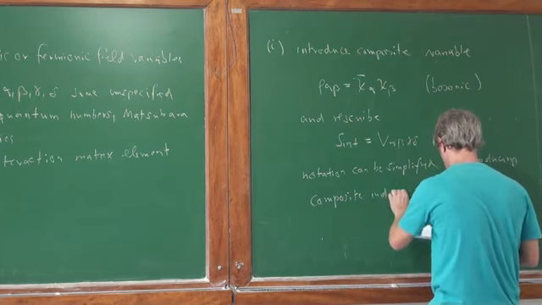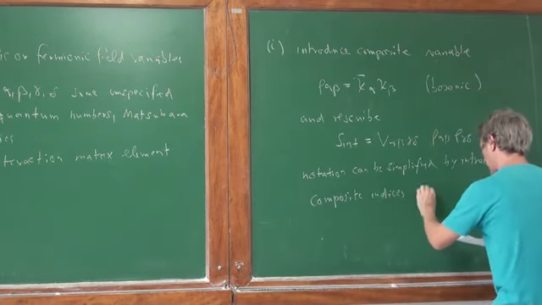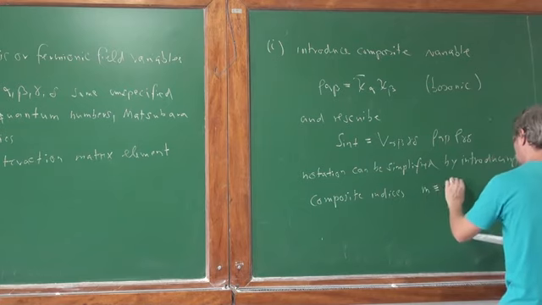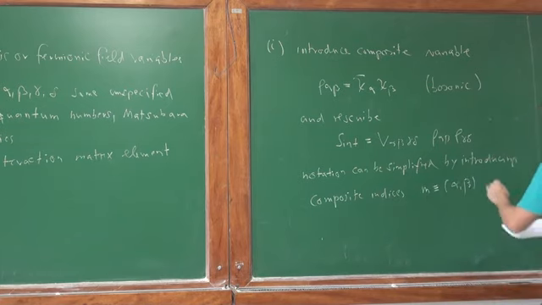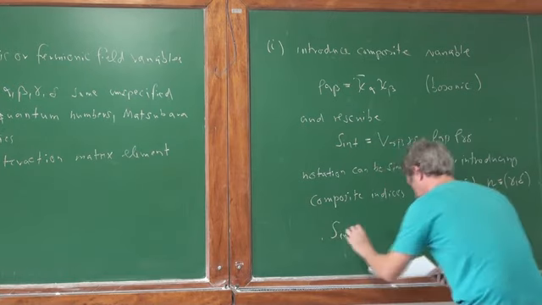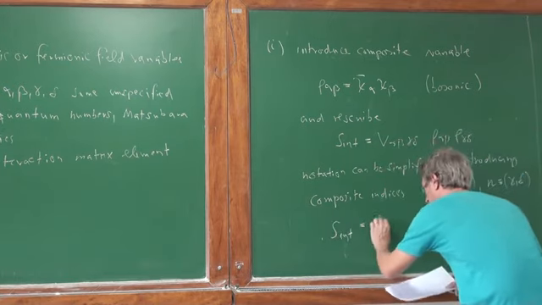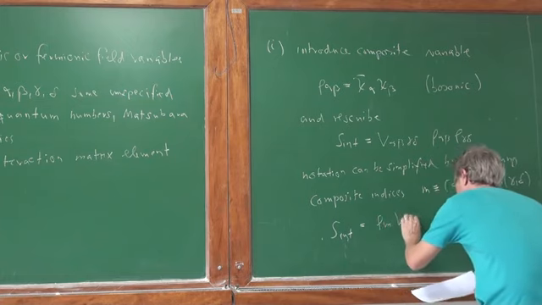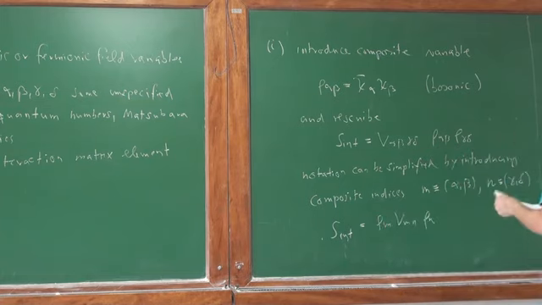We call M the tuple of indices alpha beta, and we call N the tuple of indices gamma delta. If we do so, we can write the interaction as rho M, V M N, rho N.